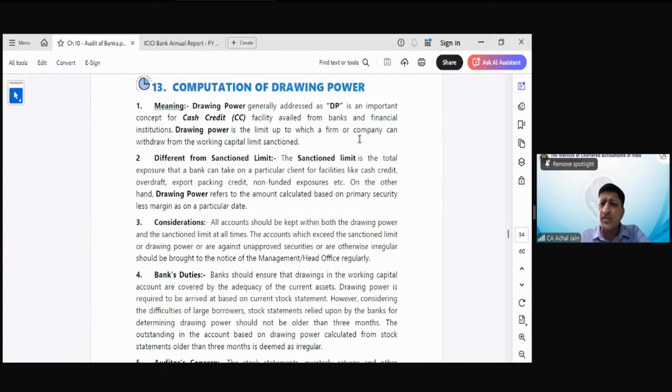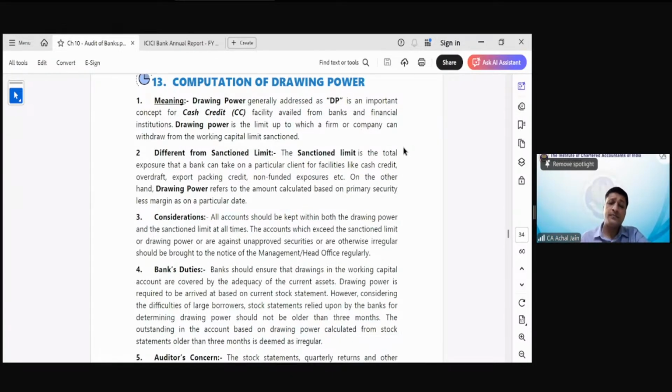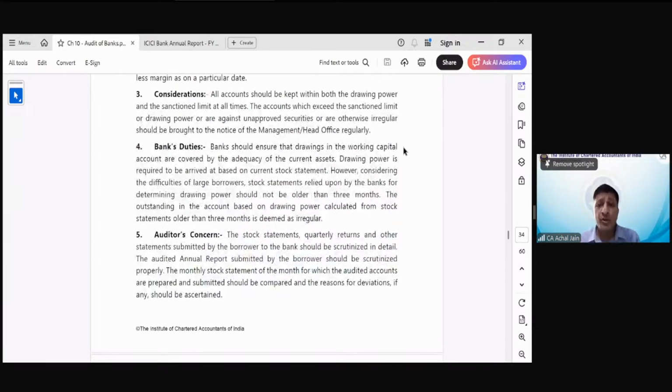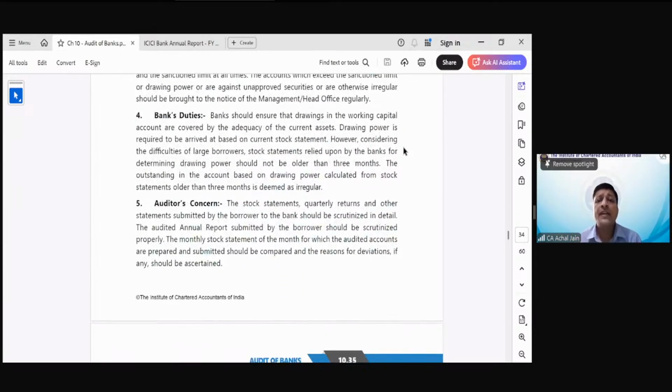Now, what are the duties of the banks? Banks should ensure that the drawings in the working capital account are covered by adequacy of current assets. And how do you derive this drawing power? It's based on the current stock statement as well as the debtors balances.